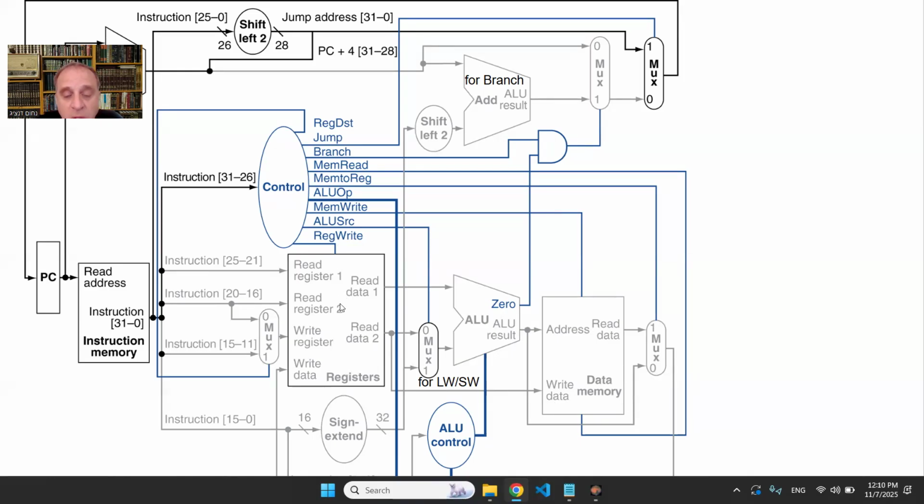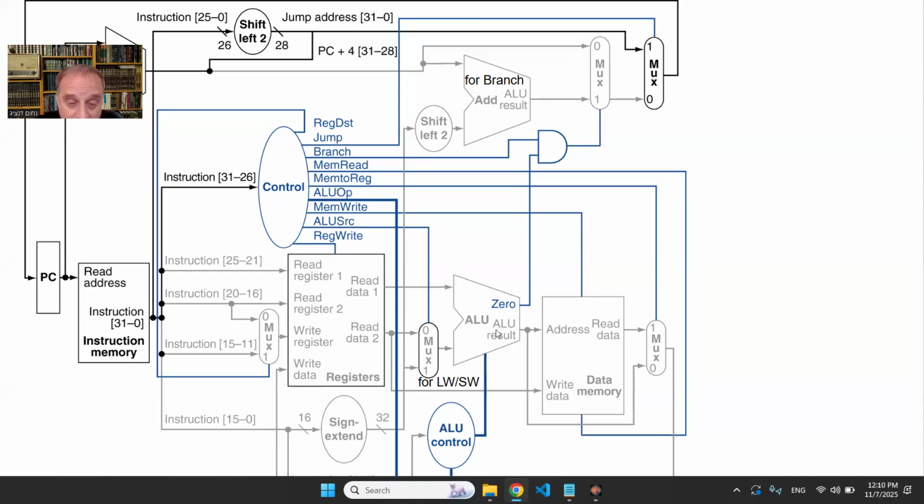What about the load word and the store word? Well, what does load word mean? It means load it into a register. So we are going to write to a register. The ALU is going to calculate which place in memory we want to read from.